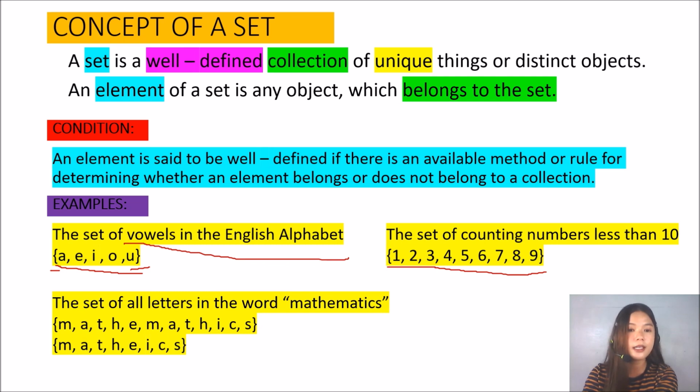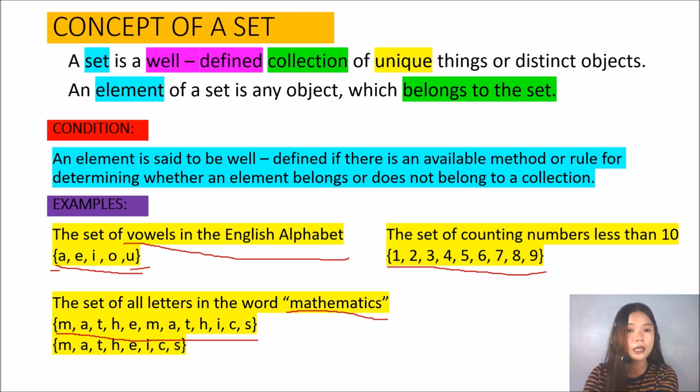Final example, the set of all the letters in the word mathematics. So, sulat po natin yung words or letters sa mathematics. Ano po yun? M-A-T-H-E-M-A-T-I-C-S. Kung mapapansin nyo po, may mga naulit na letter.